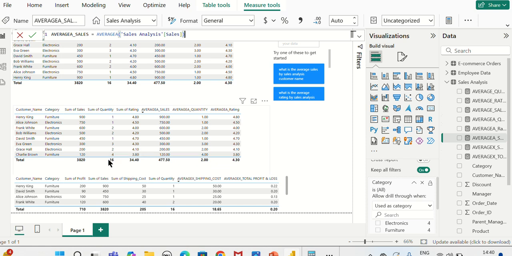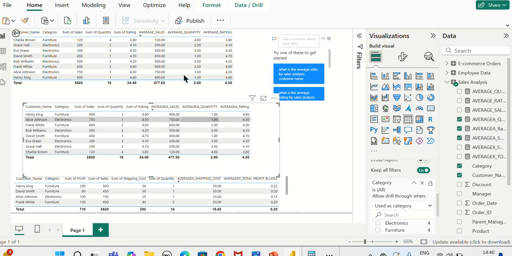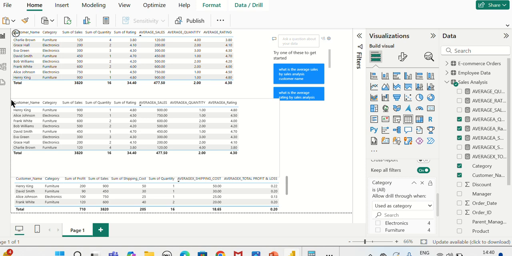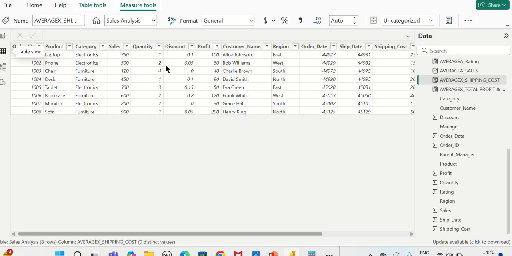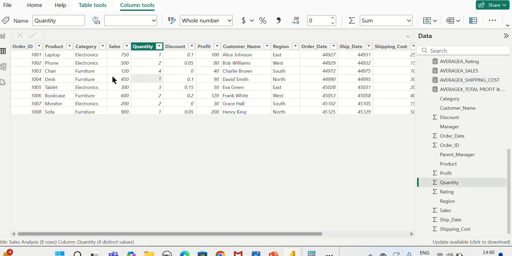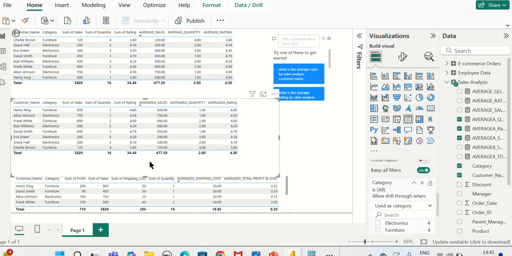Sum of quantity is 16 and we are getting 2, same as Average. There is no difference because if you see our data, we don't have any null values. That is the reason we are getting the same output, or else we would have got a different output.